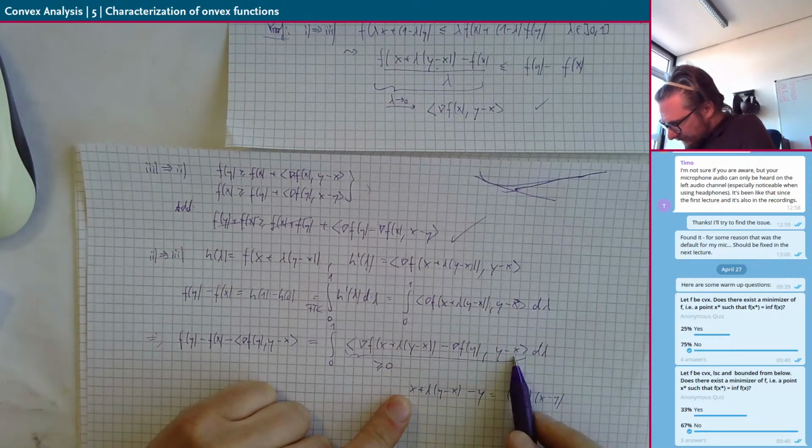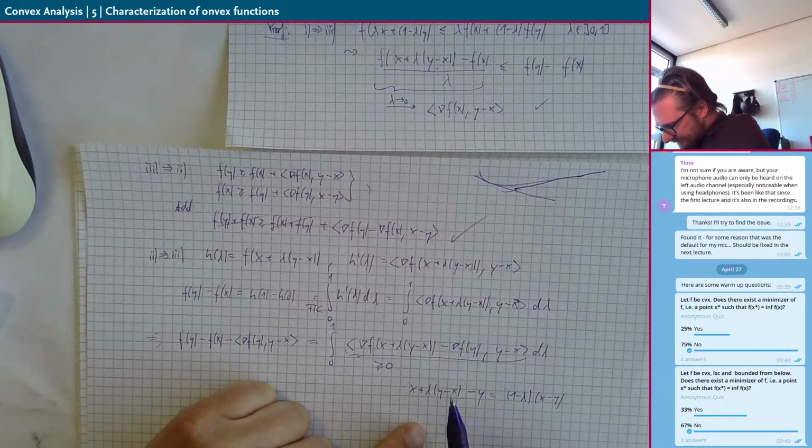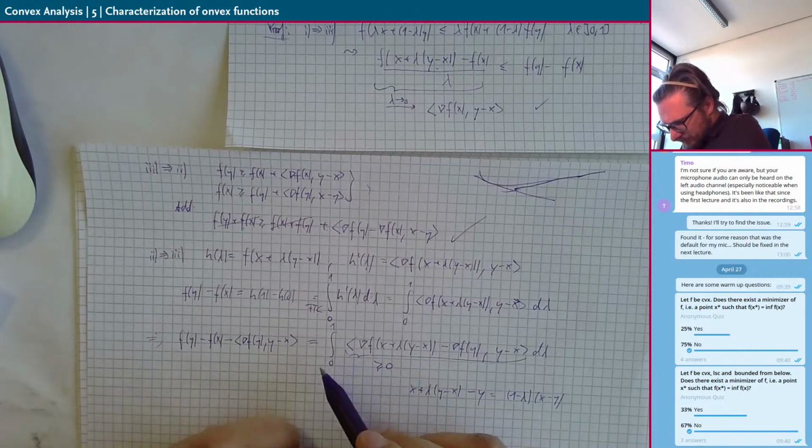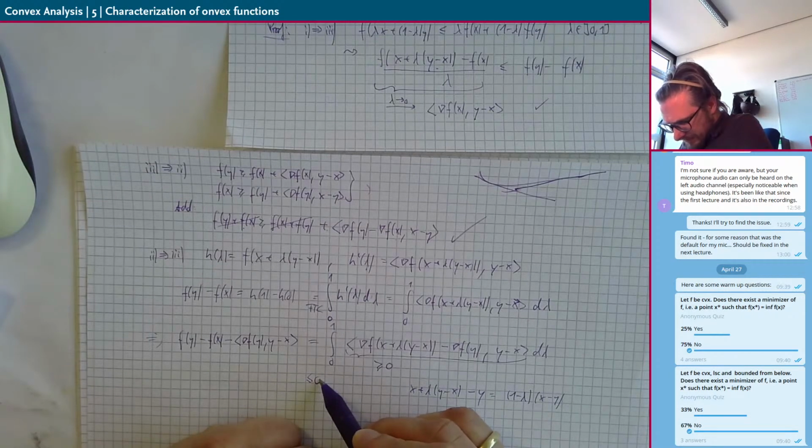Because this is now the wrong way around here, but it seems to be true like this. Oh boy, I screwed it up. Okay, let me check. So this would say that this is non-positive, then this would go like that, and that's the wrong way around.